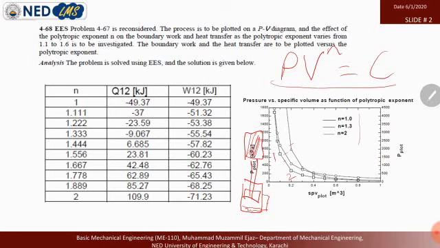For example, if I remove this weight, attach a spring system, and heat this piston cylinder device, I am raising the pressure over here. It will do some work, so the forces will change rapidly.